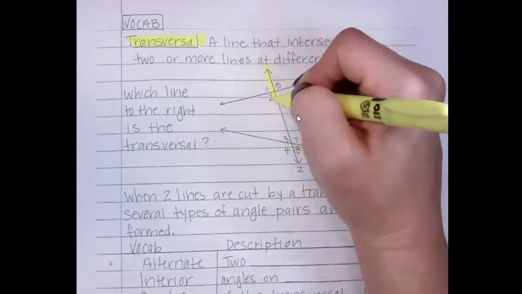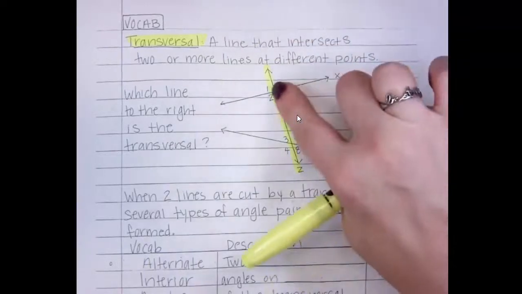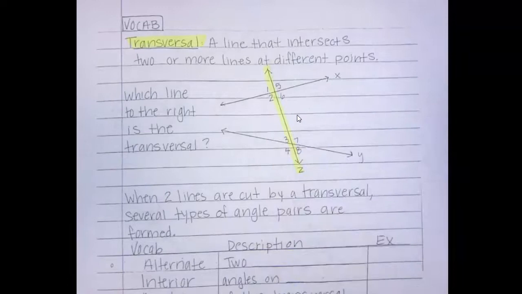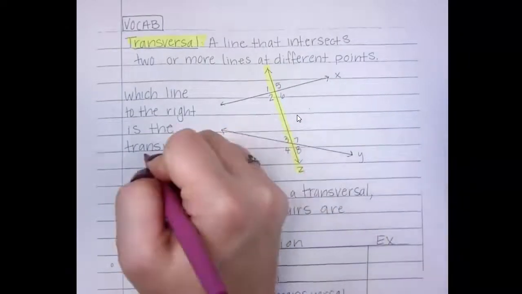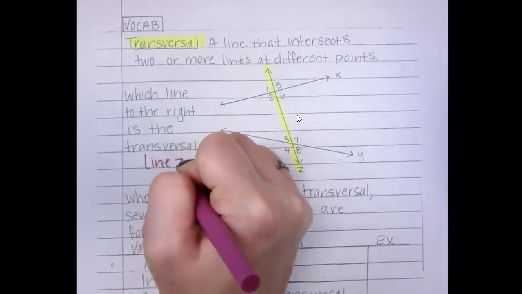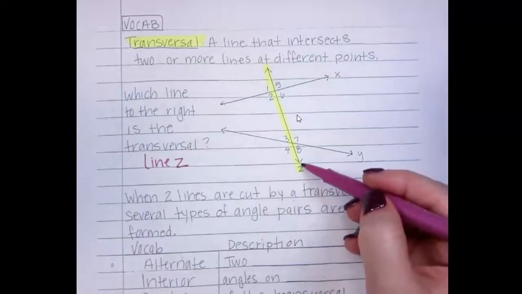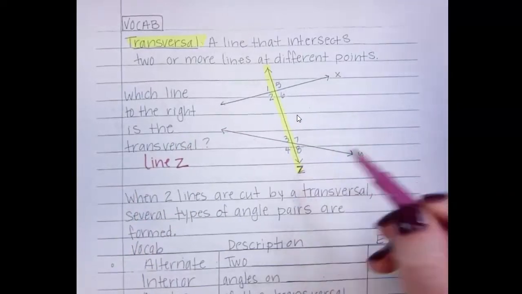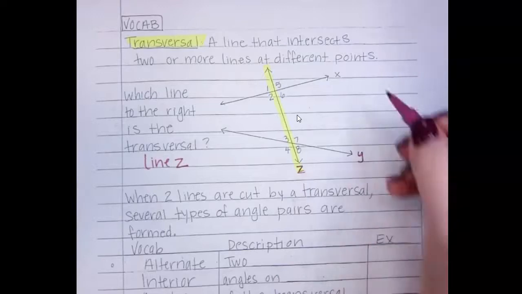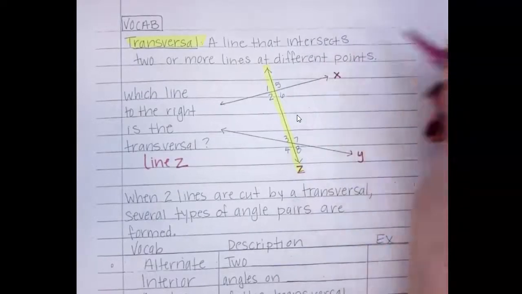So this is what we would call our transversal because it has two intersection points. So in our notes we would say line Z is the transversal. So here's its name right here. This is line Z, this is line Y, and this is line X.